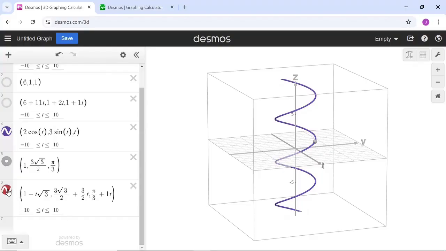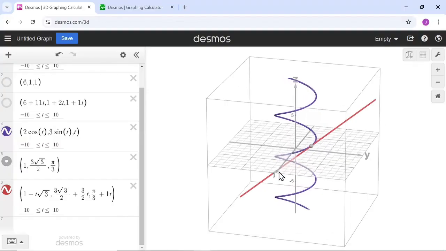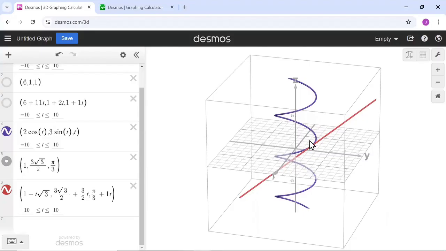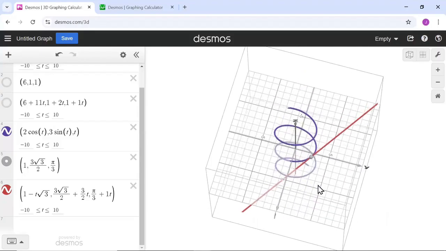And sure enough, when I graph that, it looks like we think it should. It goes through that point and it's tangent to the graph, just touches that graph at that single point and then comes back through.